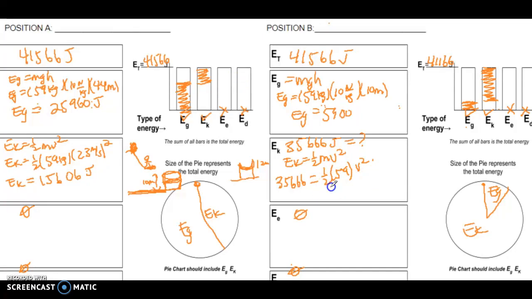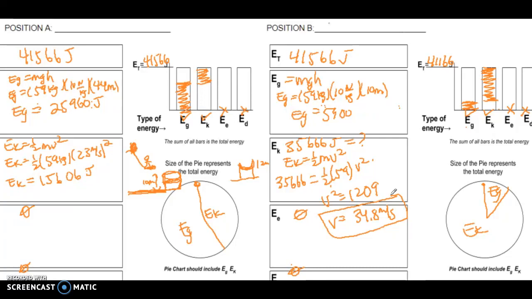So I've got 35,666 divided by 59 times 2, which is going to be 1209. 0.5 times 59 is 29.5. And so then my velocity is going to be the square root of that, which will be 34.8 meters per second. They didn't ask for that, but I should have. I'm going to change that for the future. So if you're watching this in a future year, it already says it.